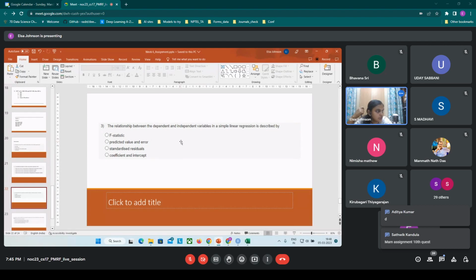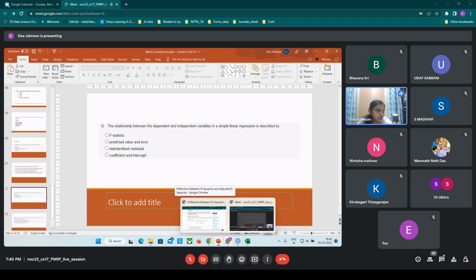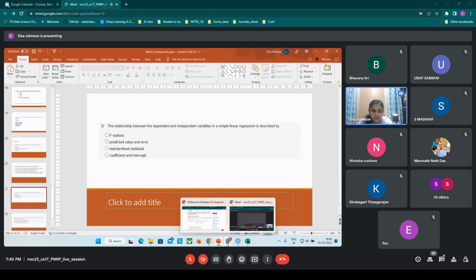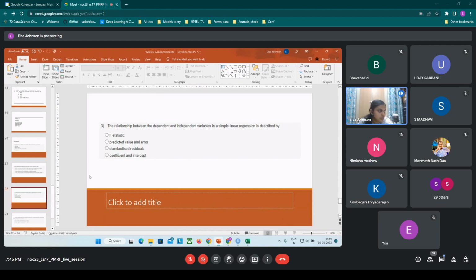Assignment 10th question. The previous run questions had up to 9 only. We are instructed to take the previous run assignment questions. The present assignment you have to solve by yourself. What is it asked for? If you can tell me, because I haven't seen the present assignment questions.